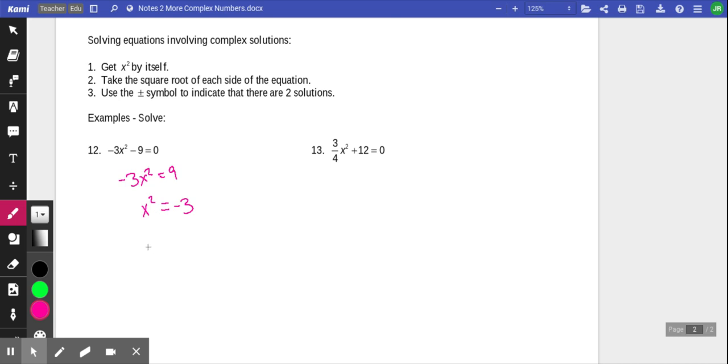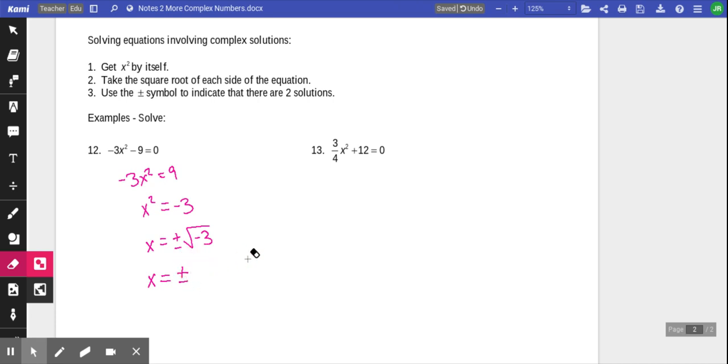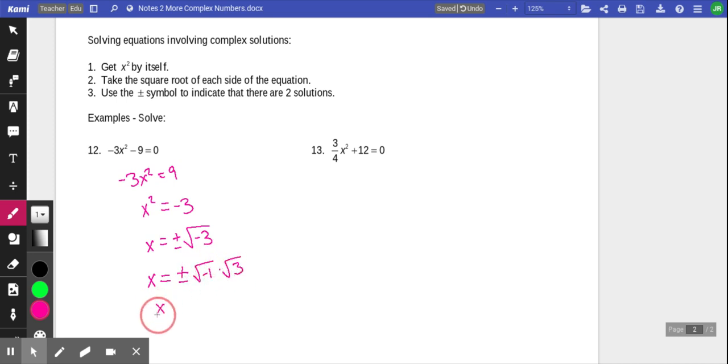Square rooting both sides, we need to make sure to take the positive and negative values, but we get the positive and negative square root of negative 3. Type that into a calculator, it's undefined or it's an error, but we know better, and this is going to be the square root of negative 1 times the square root of 3, which by definition, we know this will be i times the square root of 3.